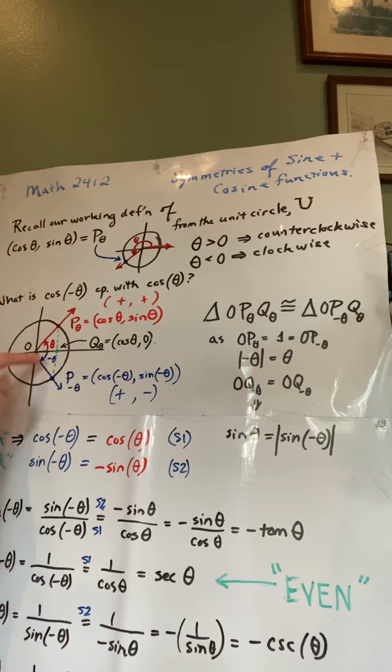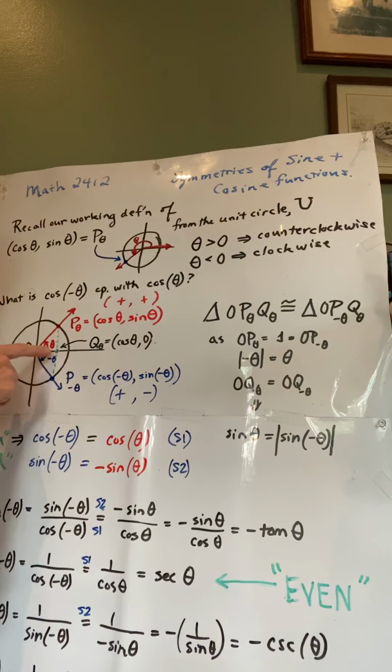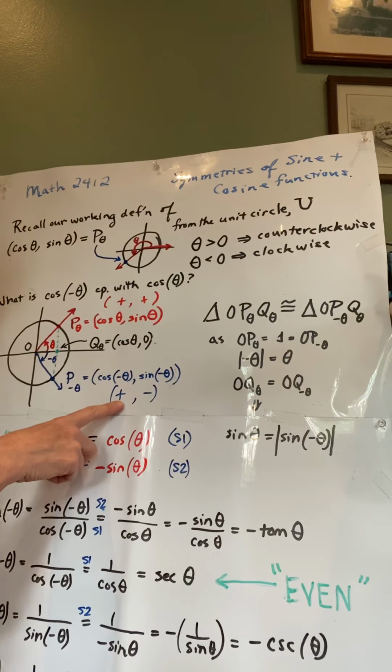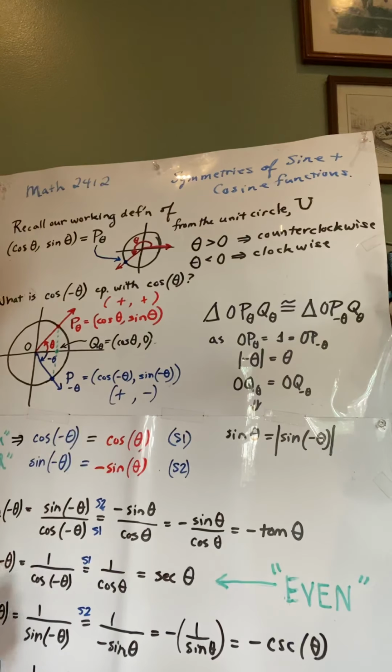If these two triangles are congruent, that means the length from p sub minus theta to q sub theta is also the sine of theta. Okay, but p sub minus theta in this configuration is in quadrant 4. Positive first coordinate, negative second coordinate. The sine of the opposite of theta here is a negative number.